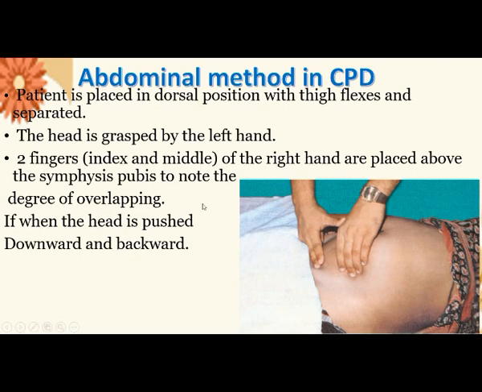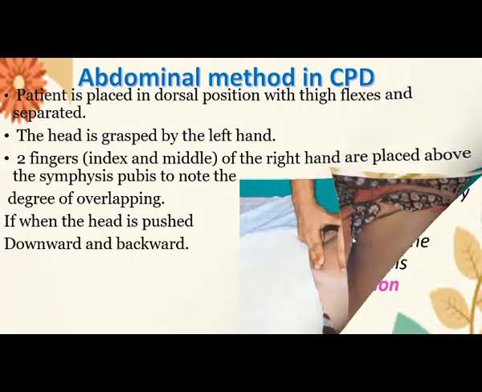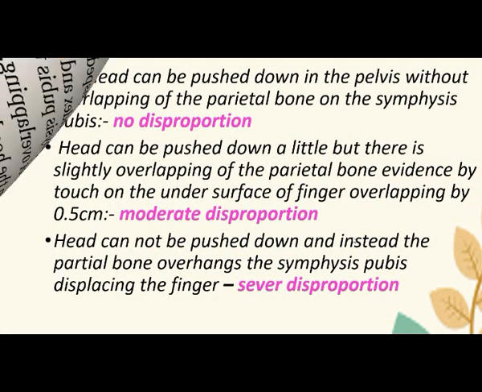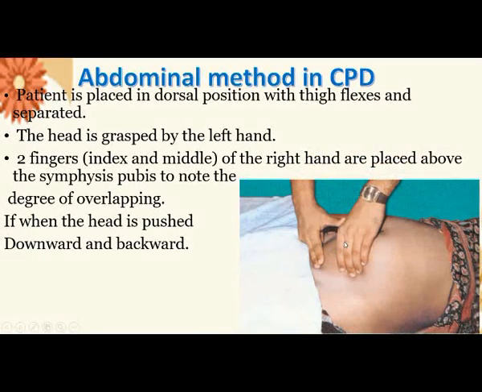Then two fingers, that is index and middle fingers, are placed above the symphysis pubis to know the degree of overlapping. How can we see? When we are pushing with the hand downward and backward, at that time you can feel the overlapping.